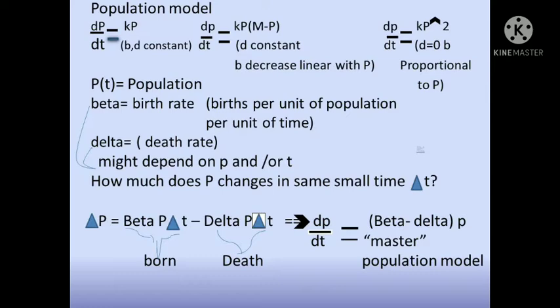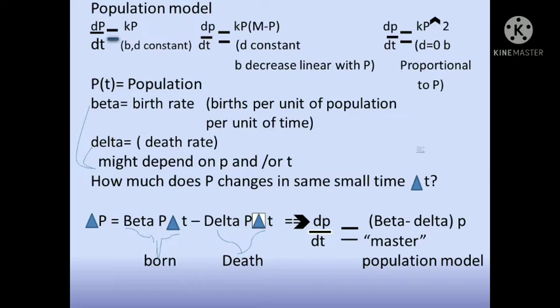There is nothing that restricts this model to have beta and delta constant, and this is a pretty reasonable dependency because, for example, the birth rate may go down as the population increases, because there could be something like a food restriction, or overpopulation may make people less likely to have children.